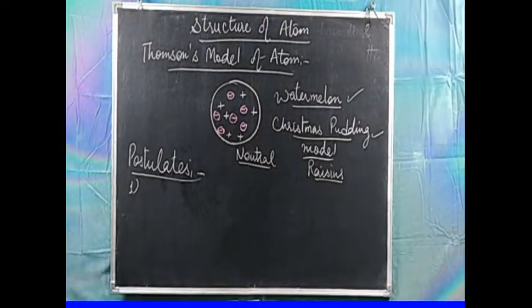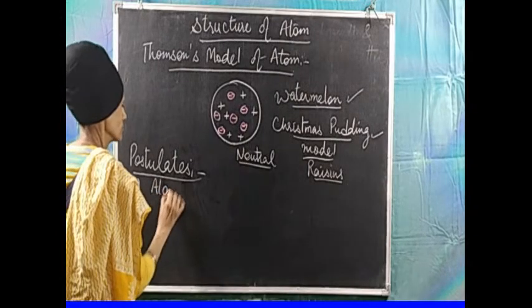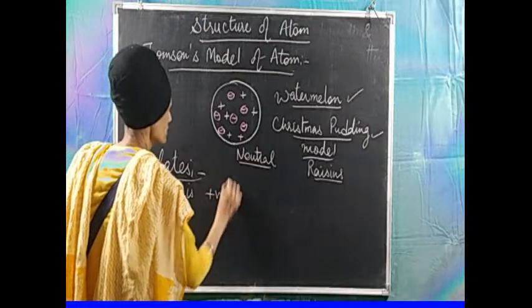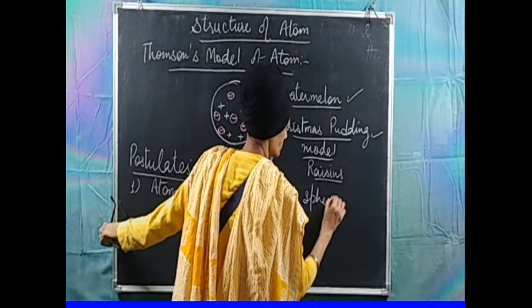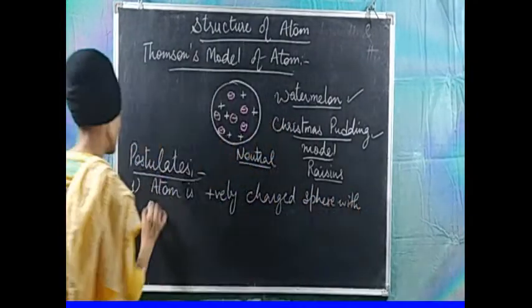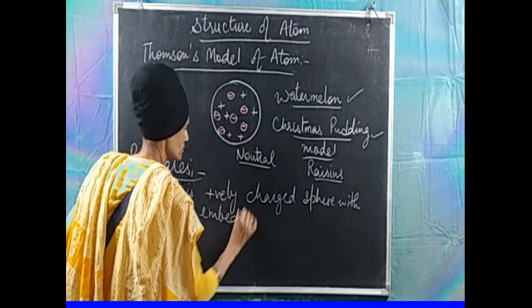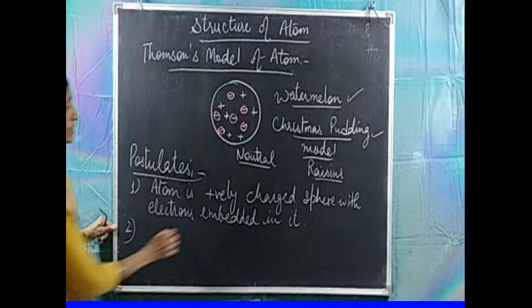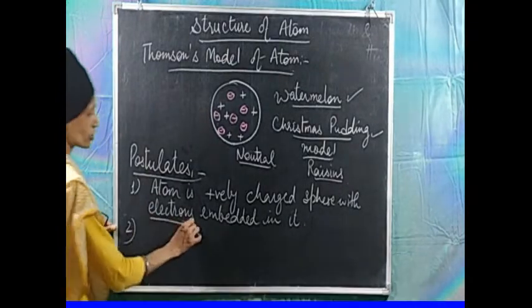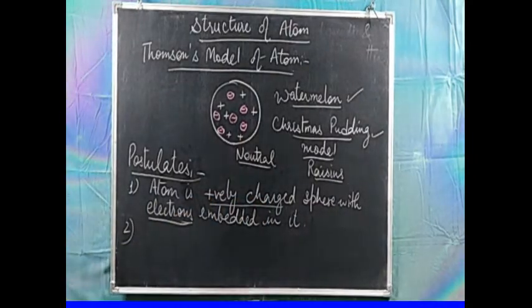First point, you can say that the atom is a positively charged sphere with electrons embedded in it. Second, you can say that the magnitude of the negative charge on the electrons and the positive charge on the sphere is equal.